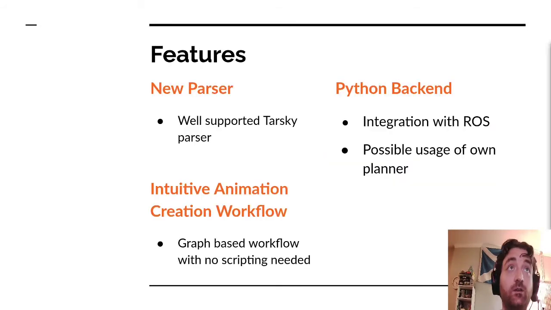So let's look at the new features of PDSim. We now use a new parser, which is well supported by the planning community, which is Tarski, and we also implemented a new Python backend which can communicate with the Unity frontend and is mainly responsible for calling the Tarski parser and providing a JSON file which contains all the domain specification, which we can parse in Unity and create objects inside Unity, but also you can connect with ROS and you can use your own planner.